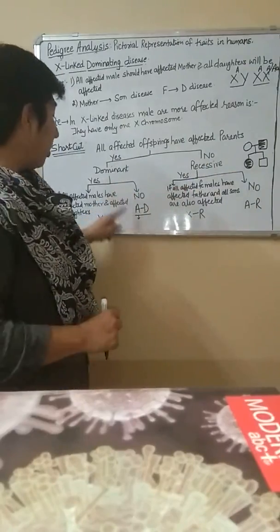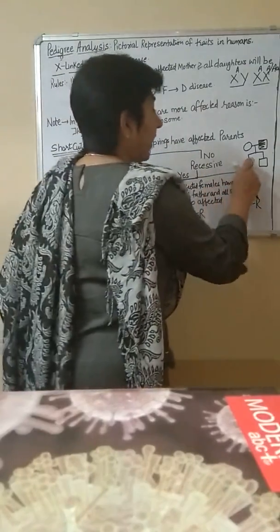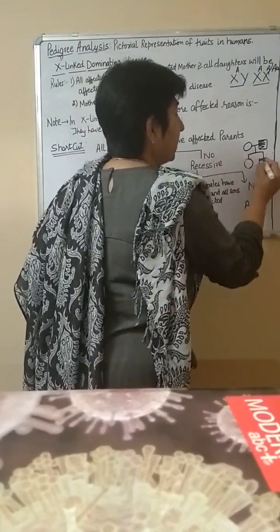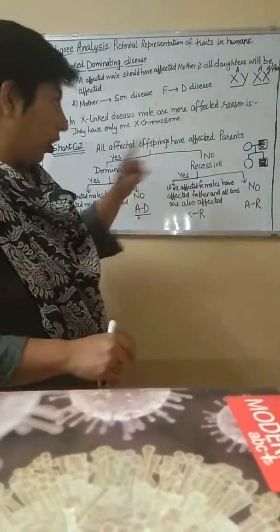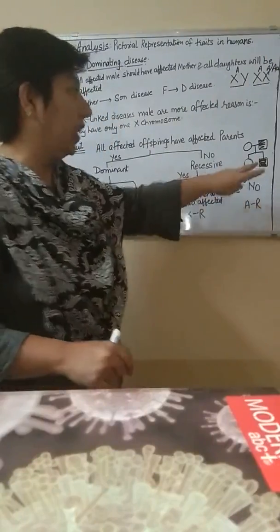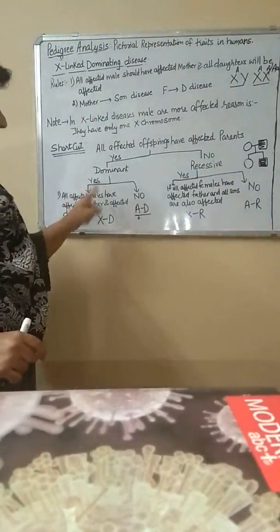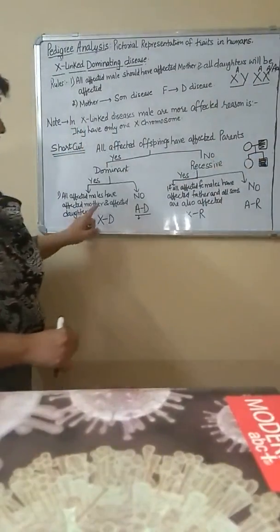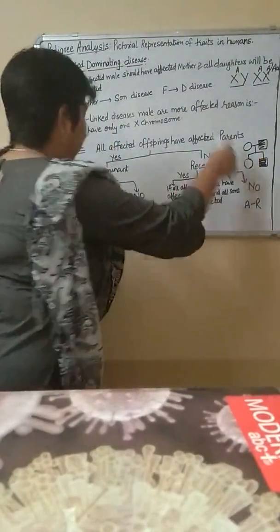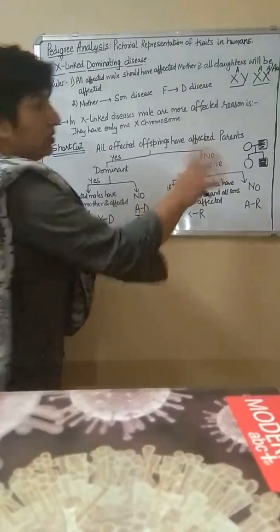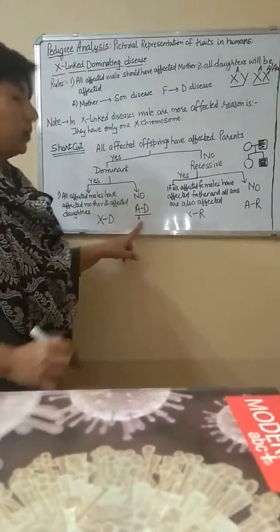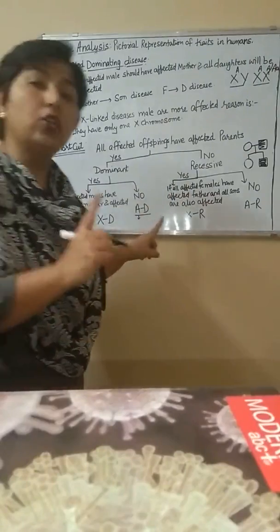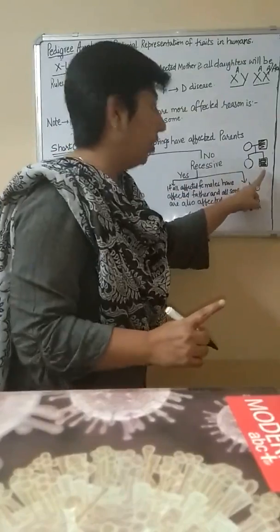Now, suppose it is not proving this. Suppose the condition is that it is present in both generations, so it is dominant, but out of both we have to see whether all affected males have an affected mother, no, an affected mother is not there, and an affected daughter, no. This condition is not satisfied, so instead it is an autosomal dominant trait.